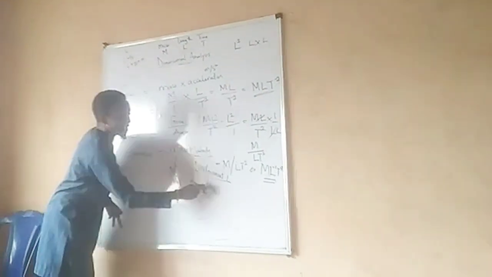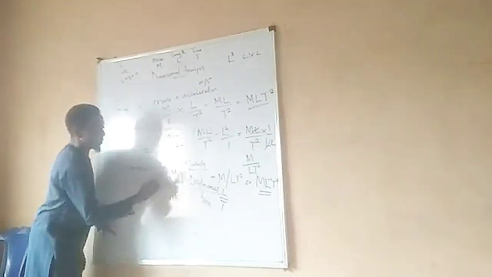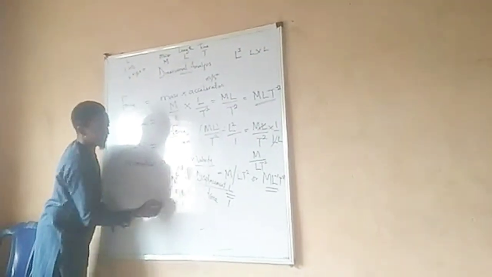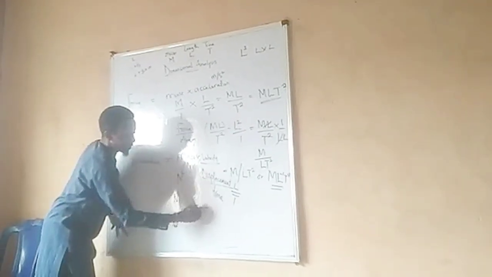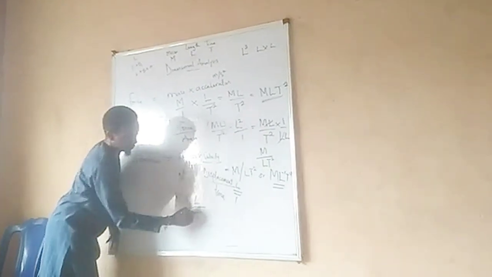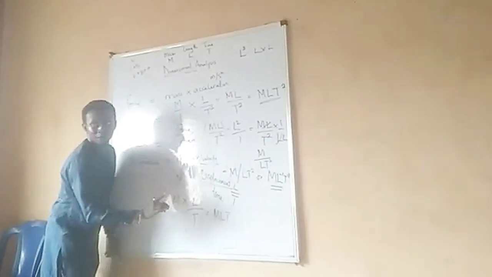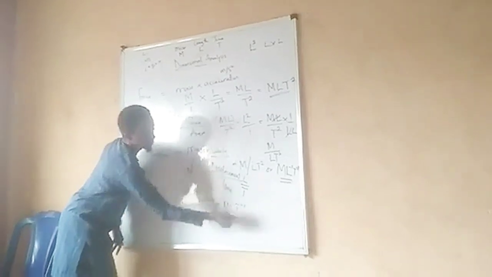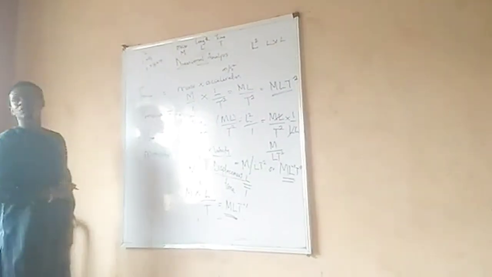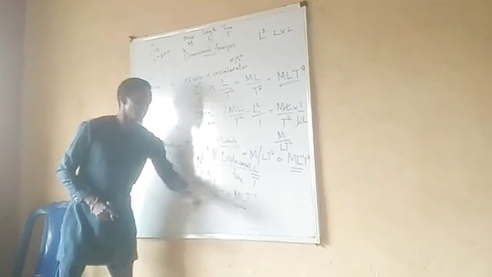And my time is measured in seconds. So I will have mass times meter per second, which is length all over T. Which is MLT, but this T is raised to power of minus 1. So that is for momentum. Mass times velocity.